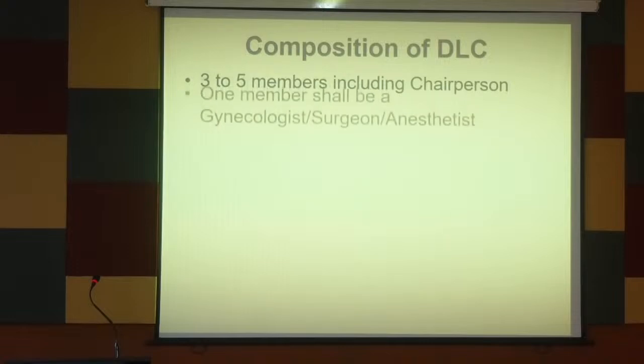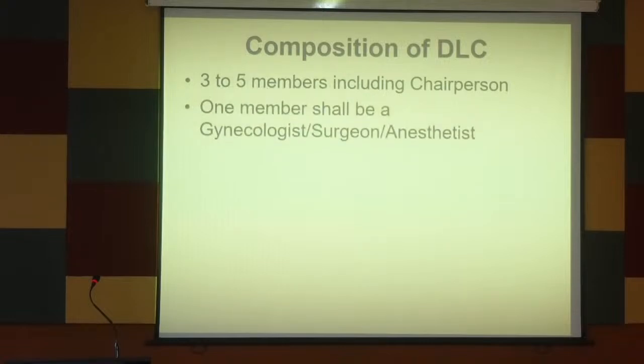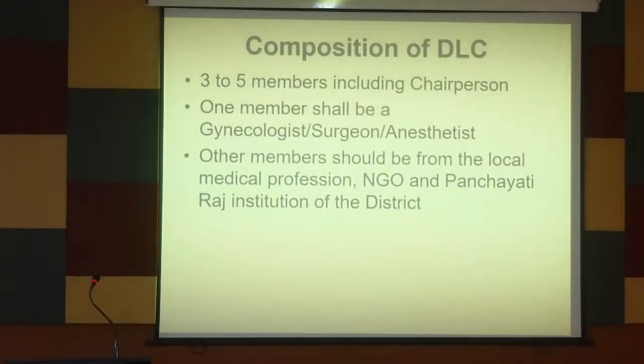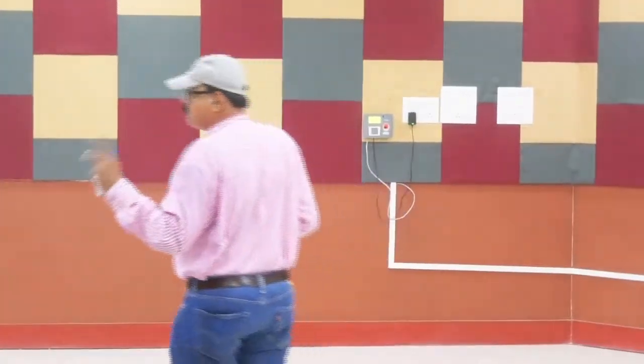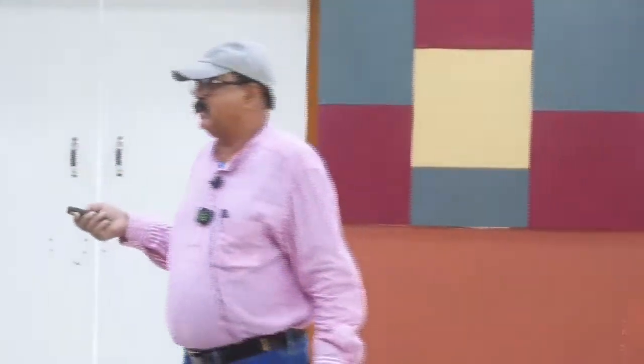The committee has 3 to 5 members including a chairperson. 1 member should be a gynecologist. So if you have critical cases for termination, the government says that the consent of 2 doctors is very important along with an anesthetist. Okay. Other members should be local, from the medical profession, NGO, Panchayat Raj.